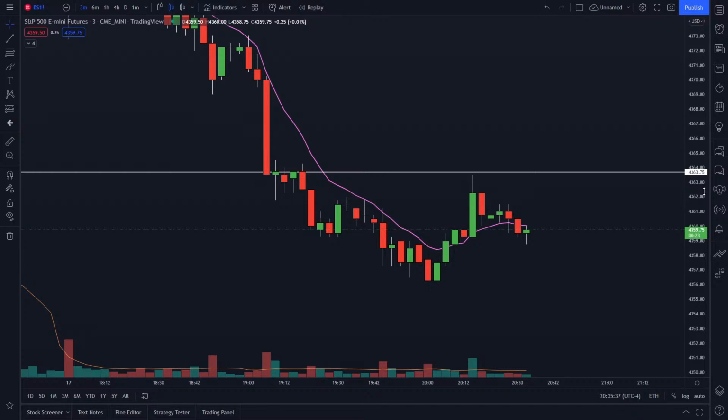SPY doesn't lead futures. Futures lead SPY. Or NQ doesn't lead, McDonald's doesn't lead NQ. NQ leads McDonald's. Typically, that's the way it's going to work.